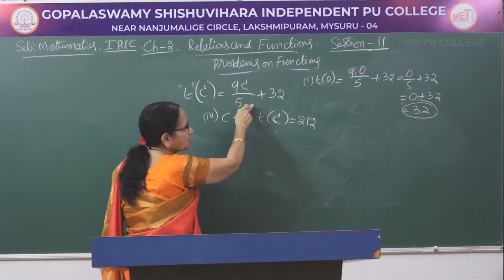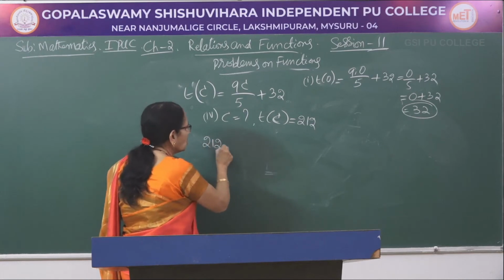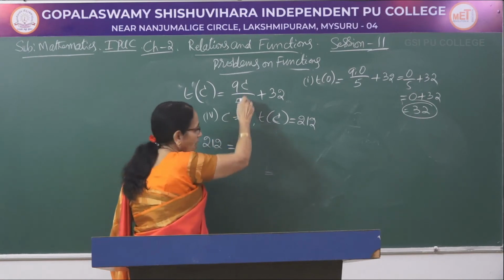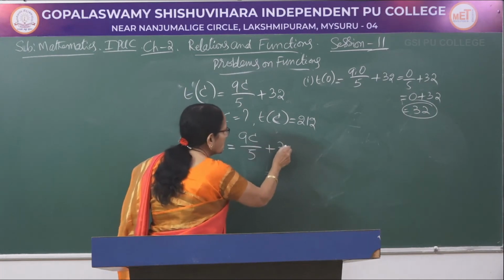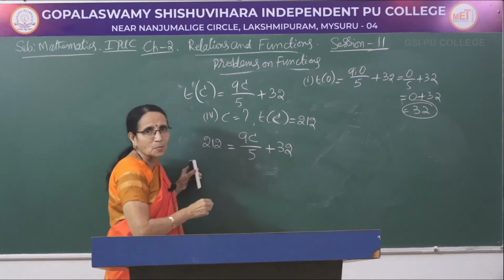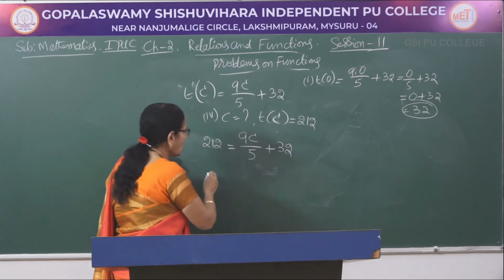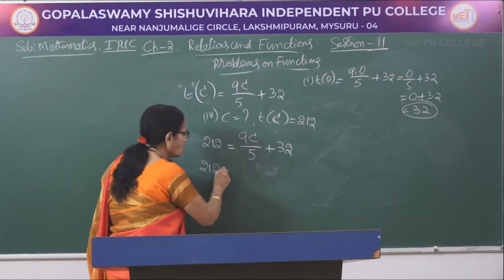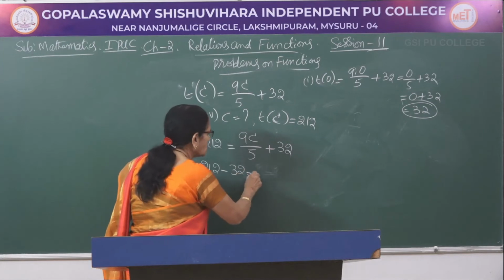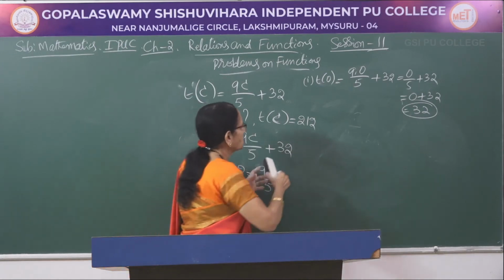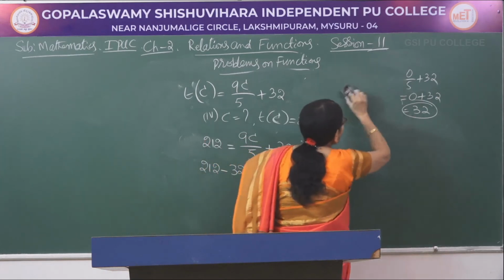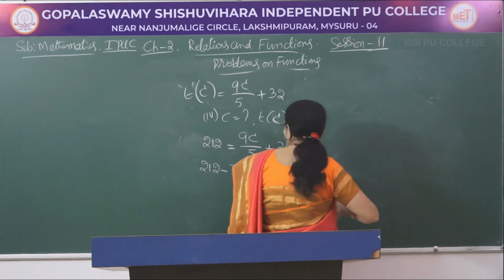T of C, consider the same formula, write the value 212. C is unknown, keep it as it is, 9C by 5 plus 32. It is a very simple equation. Take 32 to the other side, 212 minus 32 equal to 9C divided by 5.